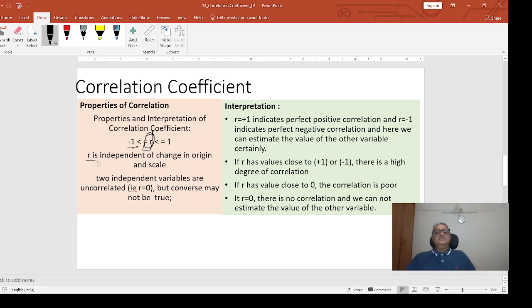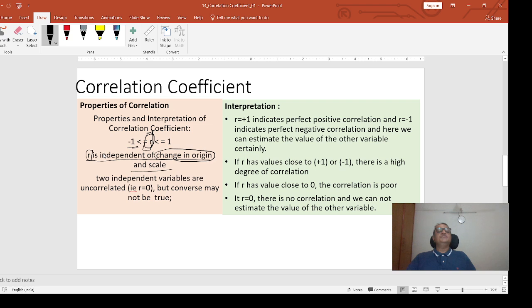So R is independent of change in origin and scale. We have already seen this when we were looking at observations noted on standard deviation. What do we mean by change in origin? Basically, if we constantly increase the observations in X or in Y with a constant value, then R doesn't change.